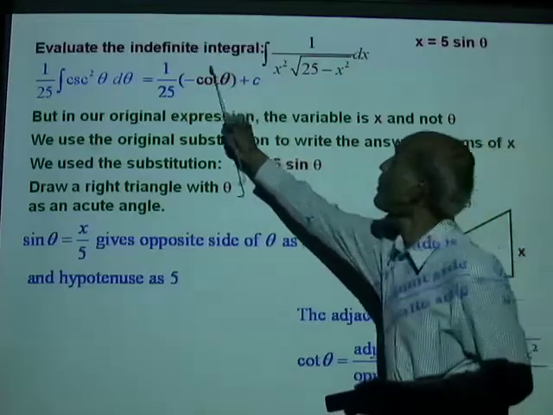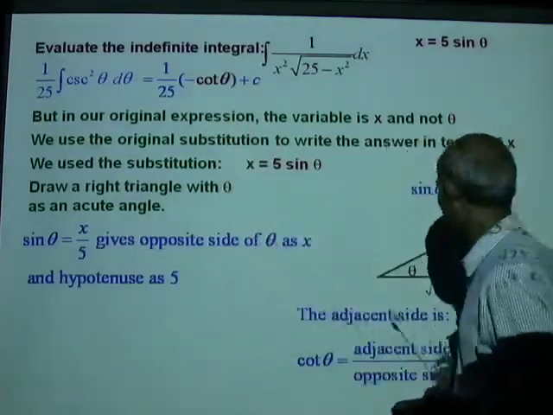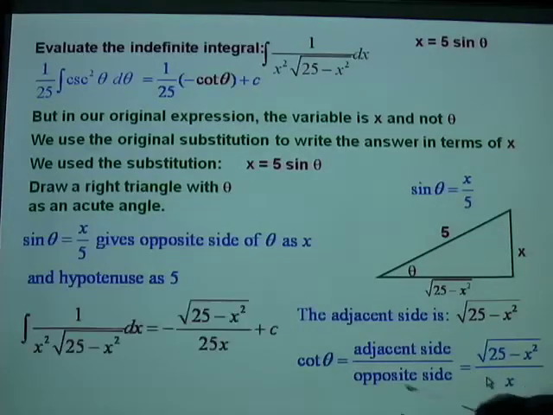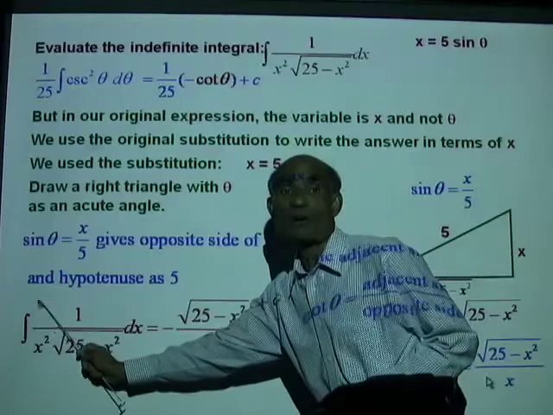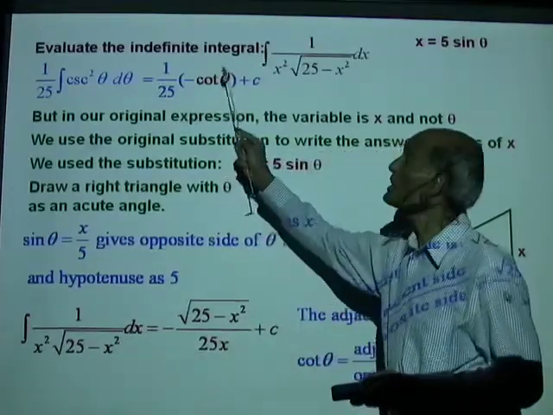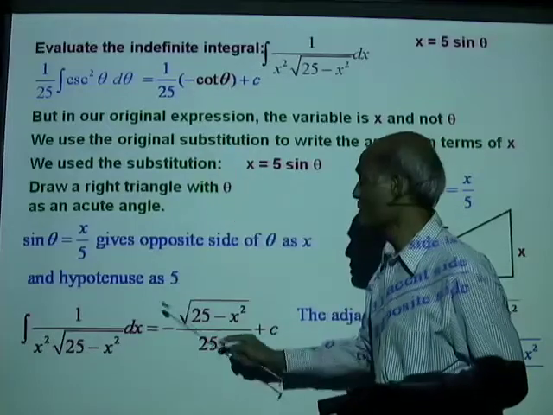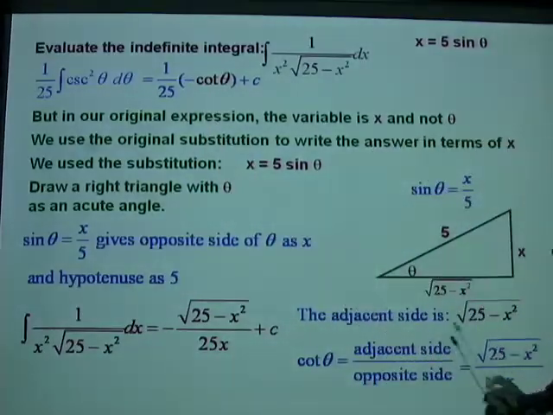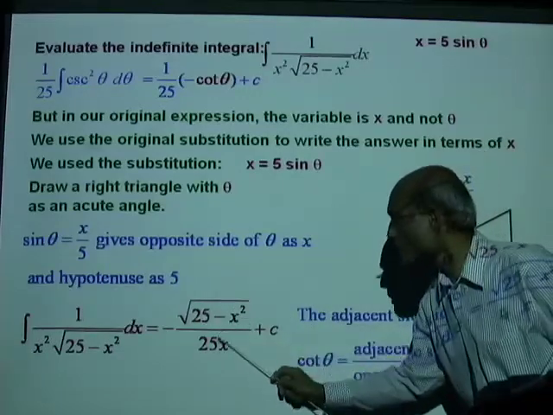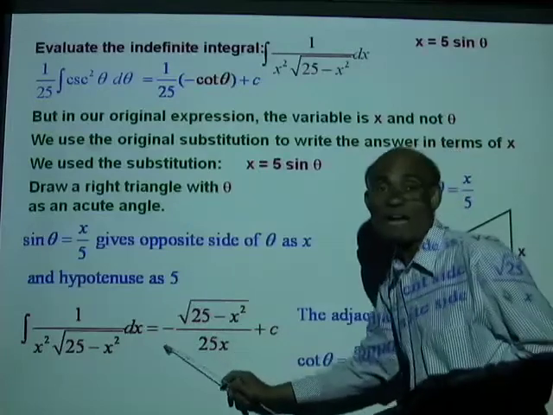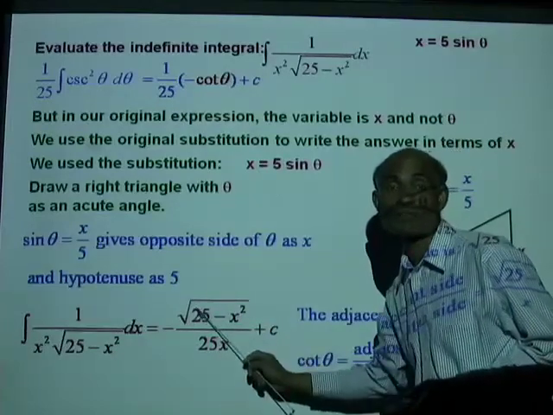That means this cot theta will now be replaced by square root 25 minus x squared divided by x, and that gives us our original integral equal to negative, the negative coming from here, negative cot theta, which is square root 25 minus x squared over x, and of course multiplied by 1 over 25, and this is our final result.